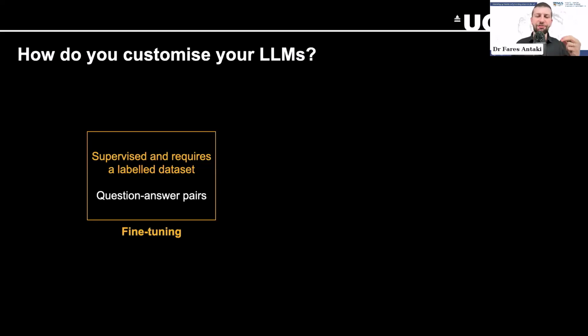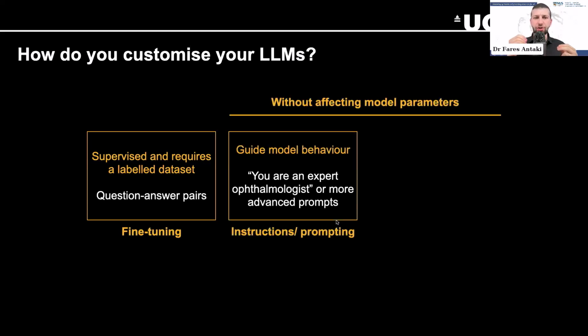You can do so with fine-tuning, which is a supervised learning approach where you need to have a labeled data set that can be big or small, that is debatable, but you need to have really good vetted question answer pairs. Fine-tuning changes the parameters of the language model, but if you don't want to change the parameters of the language model, you can do instruction tuning or prompt engineering, where you guide the model behavior.